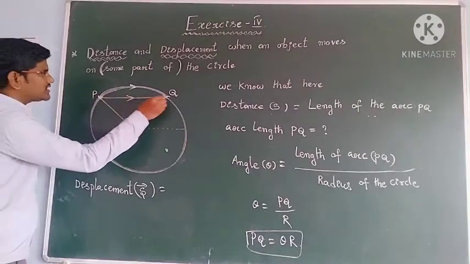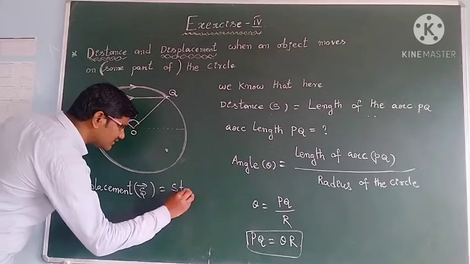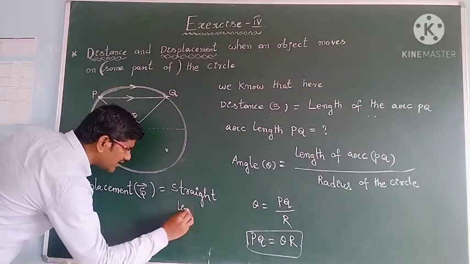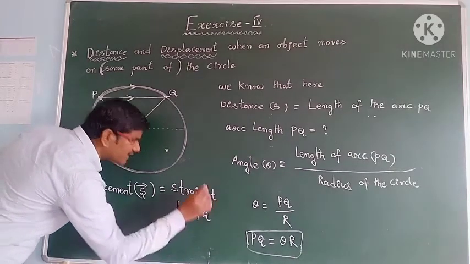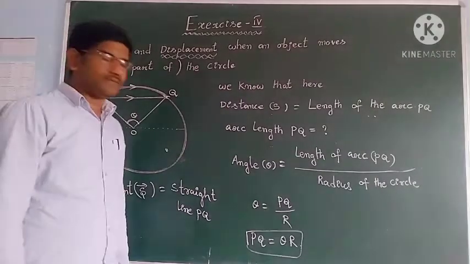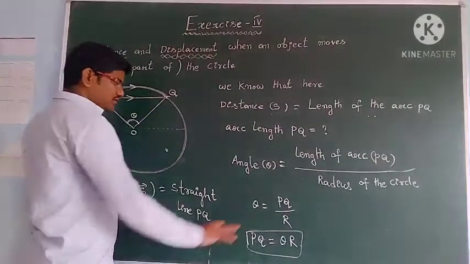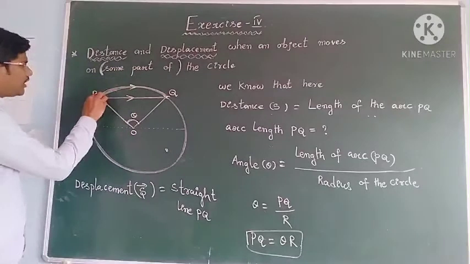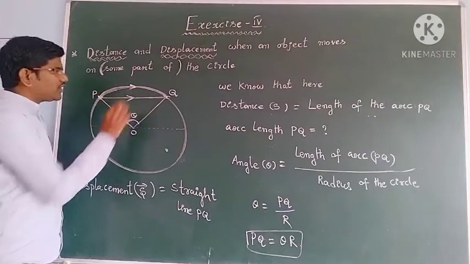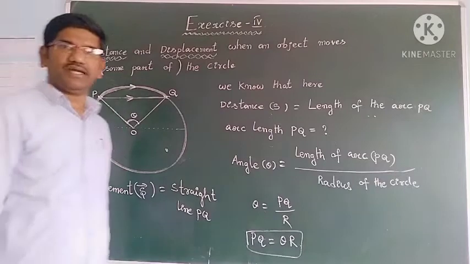So this is called the displacement, students. For distance, length of the arc we have to find, and for displacement, straight line length PQ we have to find.